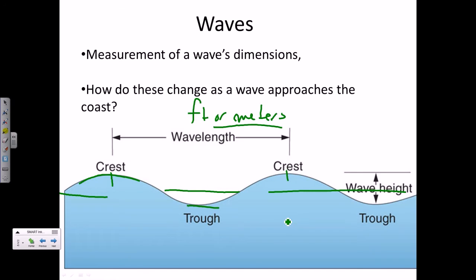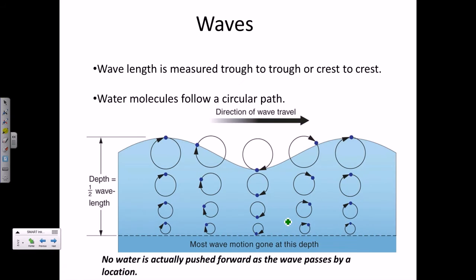Then we have the wave height, which is the base of the trough to the height of the crest, and that basically defines our waves. We also talked about how waves have different periods, which is the time it takes for one wave to pass a point, and different frequencies, which is waves per second, also known as hertz.